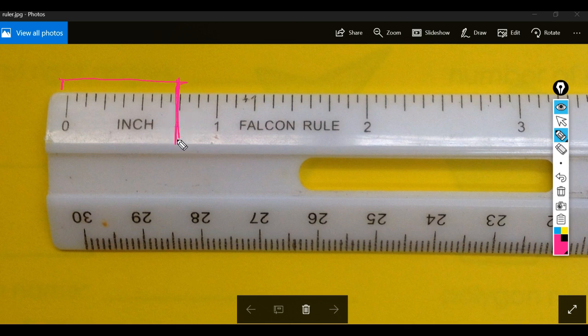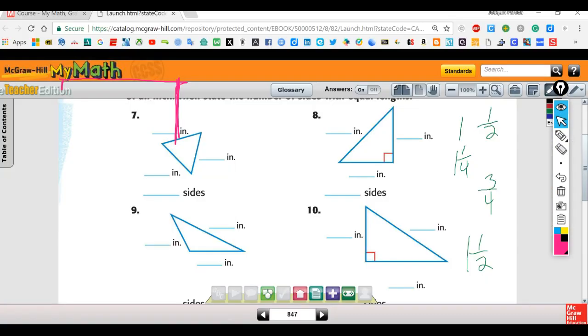So how long would it be? Is it past 1? It's not past 1. Number 7. What do you have for number 7? 3/4. I'm looking for this one. 3/4. This is also 3/4. This is also 3/4.